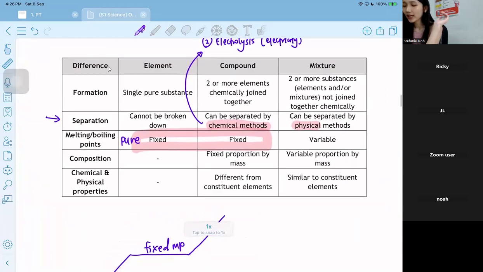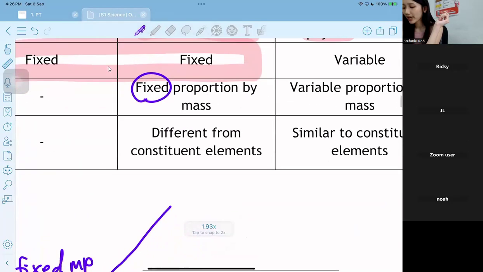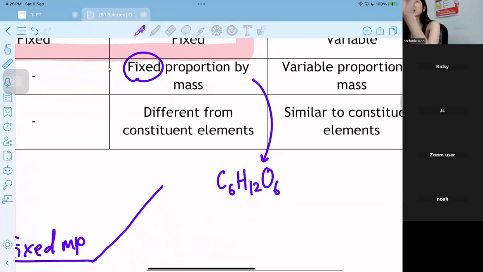Composition, okay. Example, what do they mean by fixed proportion? If you look at, let's say, glucose, sugar, C6H12O6, it's very specific. You have 6 carbon, 12 hydrogen, 6 oxygen. It's a fixed number.